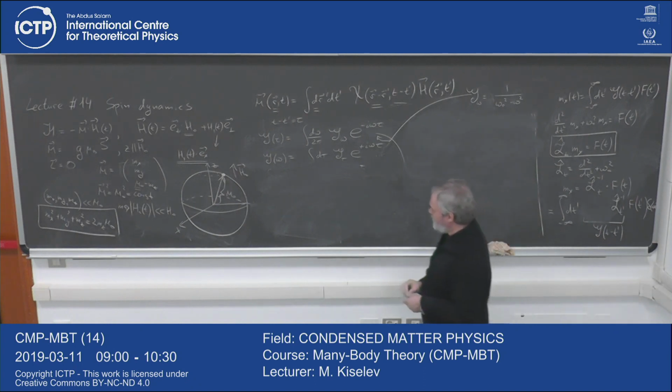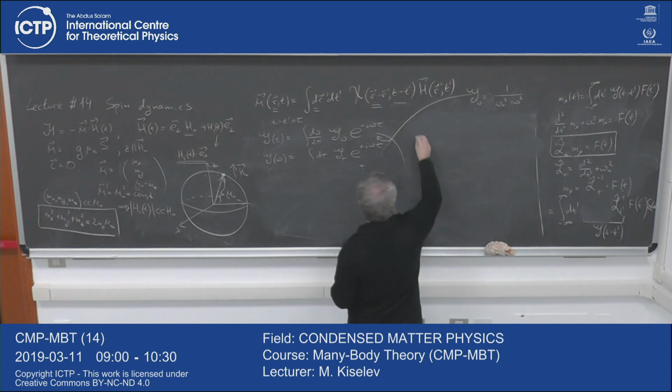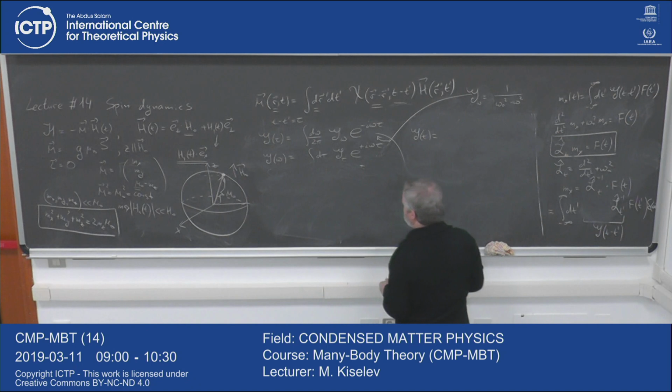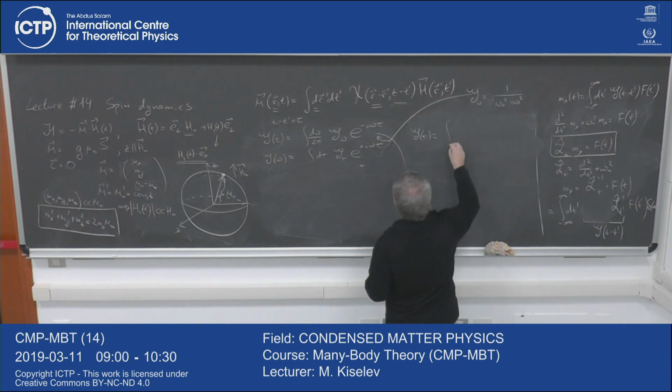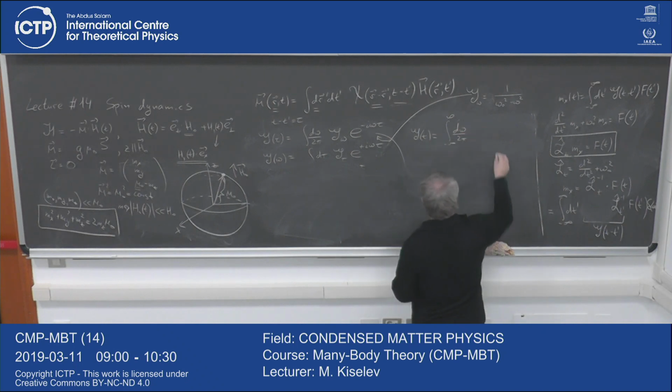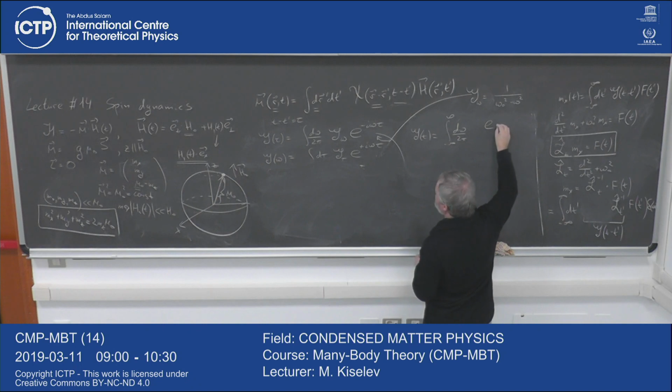Formally I write that g tau is equal to the integral from minus infinity to infinity d omega over 2 pi e to the power minus I omega tau divided by omega naught squared minus omega squared.